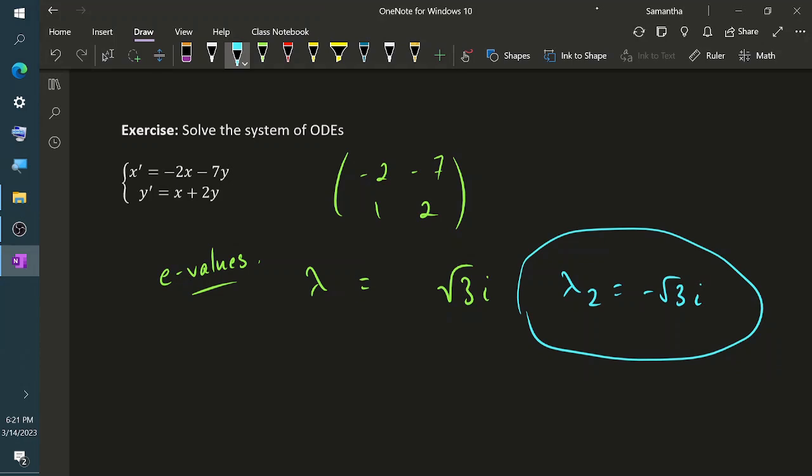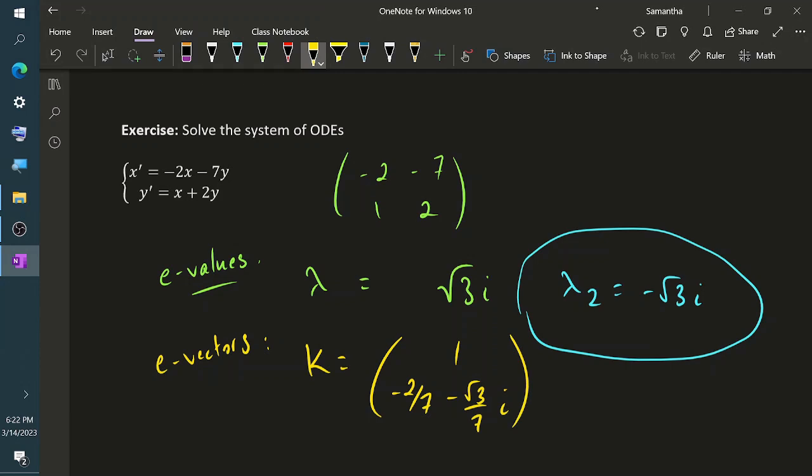We also found that the eigenvectors were given by the vector with 1 in the first row and negative 2/7 minus root 3/7 i in the second entry. And the other one was just the conjugate of that.